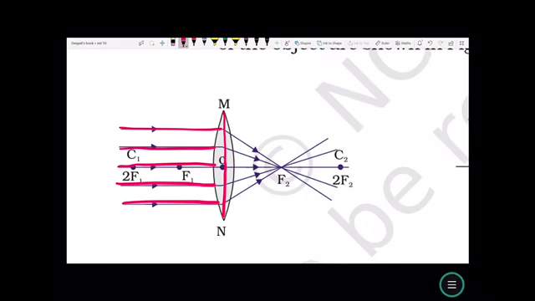The ray starts changing its direction at the aperture, and so we know that it is a converging lens. After refraction they will meet at one point, that is focus f2. I hope this is clear to you.